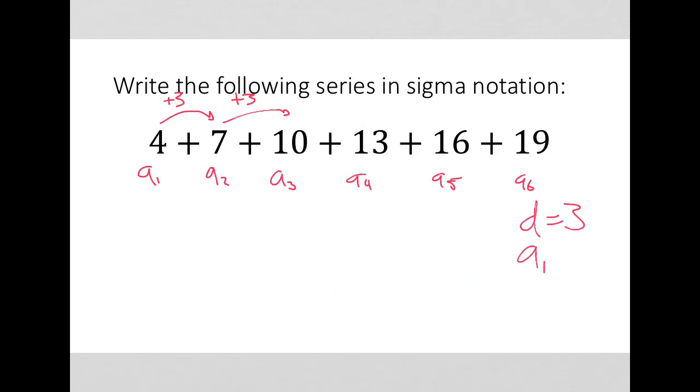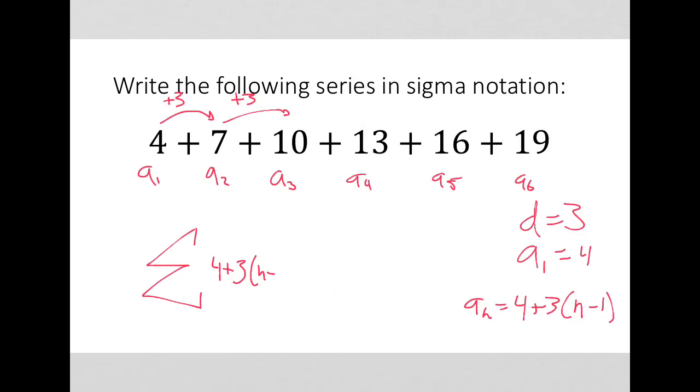My first term, a sub 1, is 4. So I can write my general formula, a sub n equals my first term, 4, plus my common difference, 3, times n minus 1, just like we came up with in our last lesson. Now to write this series in sigma notation, all we need to do is use the explicit formula a sub n, so 4 plus 3 times n minus 1.